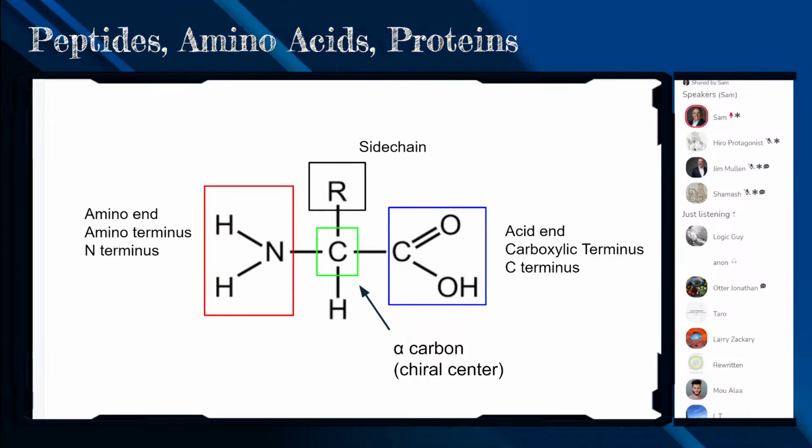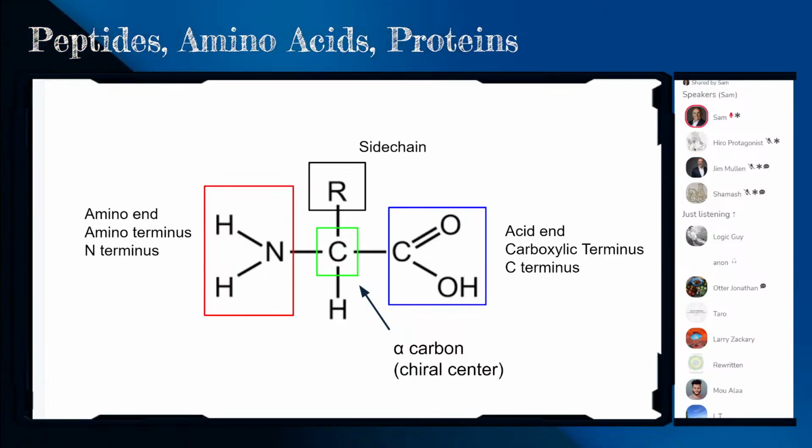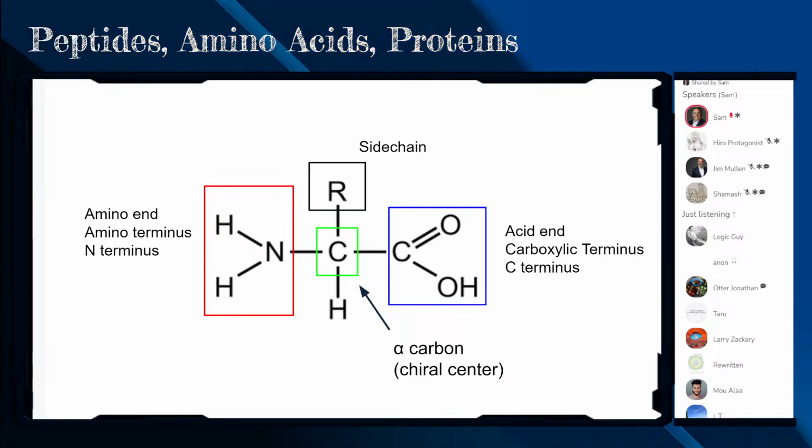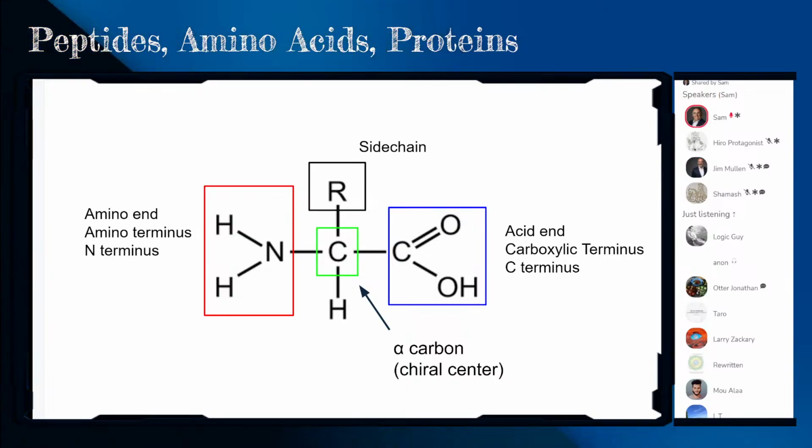So we said that if you have a carbon that's attached to 4 different substituents that are not identical, then you have a chiral center, meaning that you can have 2 different orientations of the R and the H, where the mirror images are not superimposable. And so that's a chiral center.